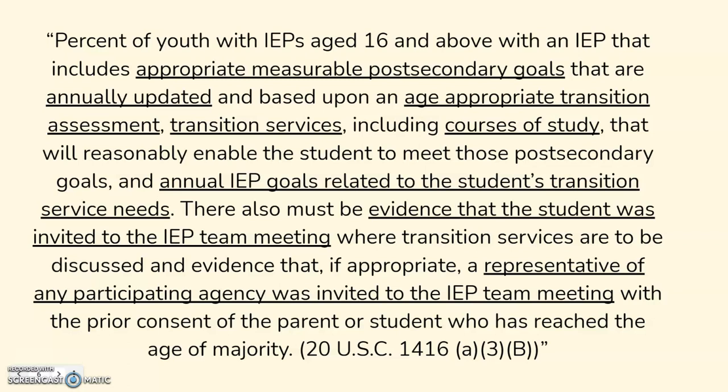There also must be evidence that the student was invited to the IEP team meeting where transition services are to be discussed, and evidence that, if appropriate, a representative of any participating agency was invited to the IEP team meeting, with the prior consent of the parent or student who has reached the age of majority.